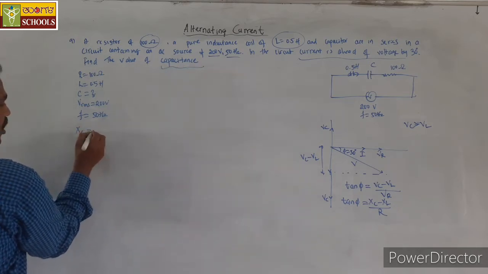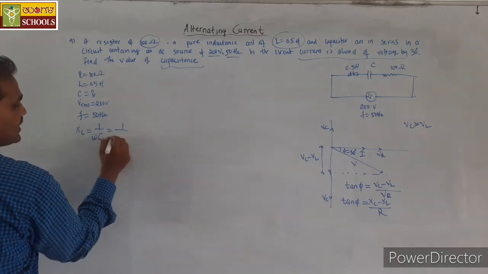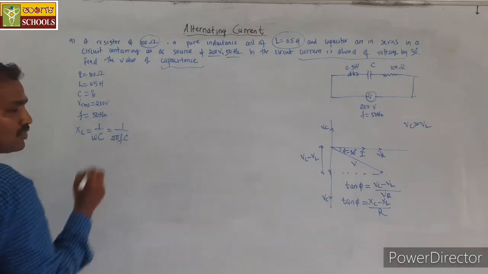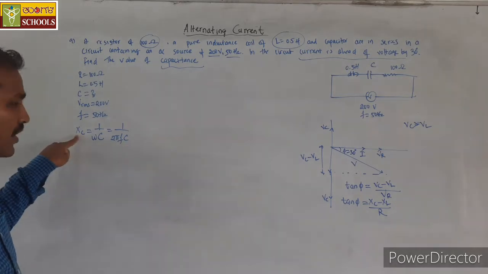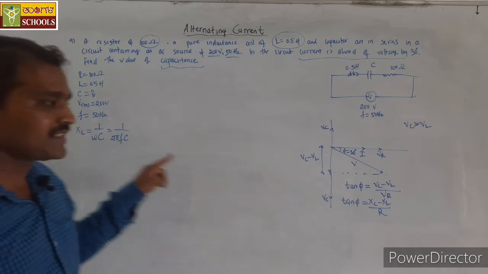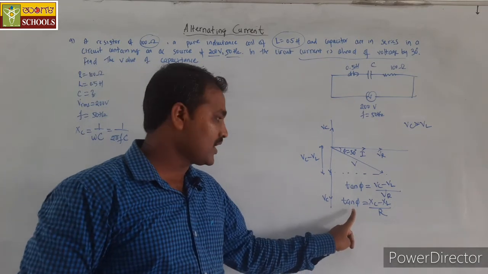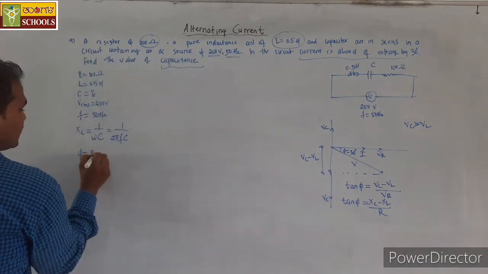Capacitance can be obtained by XC is equal to 1 divided by omega C, that is equal to 1 divided by 2 pi f into C. But to find the value of capacitance C, first we have to find the value of XC. How to find the value of XC? Use this equation here. The phase angle is given, phi is equal to 30 degrees.